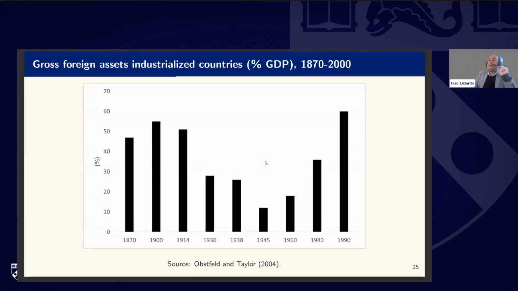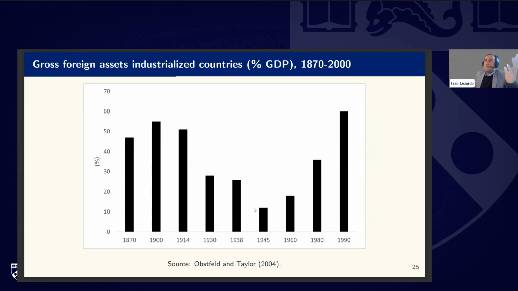So let's measure the level of financial integration. What we have here is the foreign assets of nine industrialized countries. That comes from a very influential article by Obstfeld and Taylor, where we have the global foreign assets in this measurement. We can assume that only industrialized countries, or countries that achieved a certain level of development, have the surplus necessary to invest in the rest of the world.